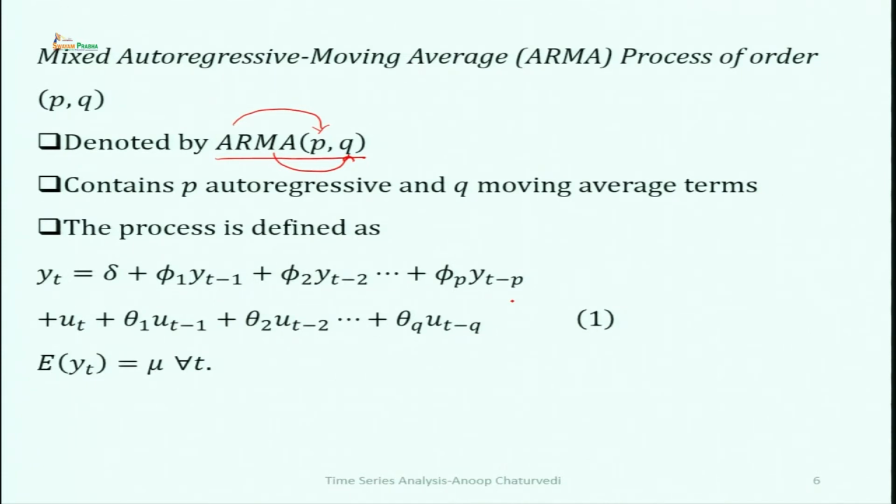Then for u t, of course, the current shock is involved here, and along with that the past q shocks, or the shocks connected with the past q observations, are also involved: u t minus 1, u t minus 2, so on, u t minus q. So, the model involves p lagged values of y's and q lagged values of u.